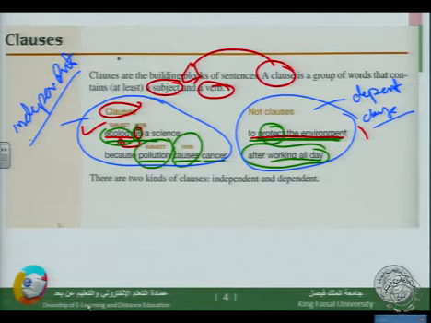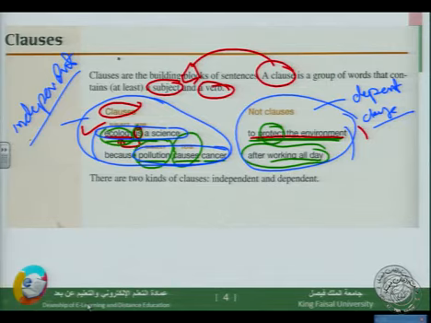That is to say, if we say ecology is a science, is it meaningful? Is it grammatical? Yes. It has a meaning and it's grammatical without other parts. But what if we say pollution causes cancer?